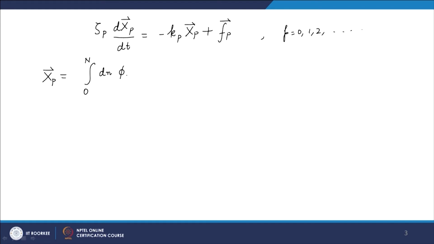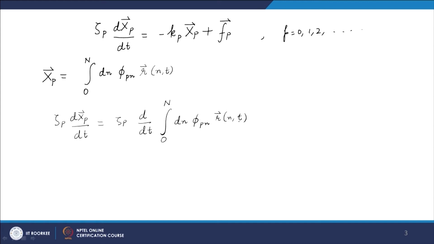Okay. So, now since we have defined x p as integral over n of phi p n multiplied by r and t, if I plug that in the equation above, what we have is the left hand side is the following.